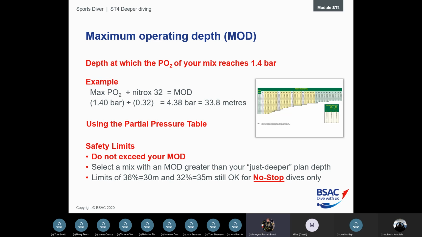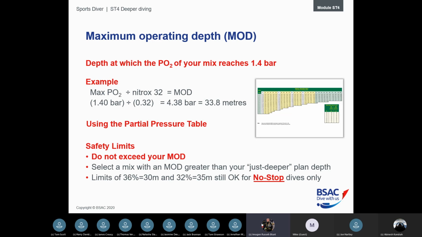You choose a mix that has a maximum operating depth greater than where you're planning to go. So for this nitrox 32, it's saying I can go to 33.8 meters. I wouldn't take that on a 33 meter dive. You would take that on maximum like a 30 meter dive, because it gives you a bit of safety if you go deeper than that a bit. If you drop accidentally and you're not looking at your depth, you're still safe.